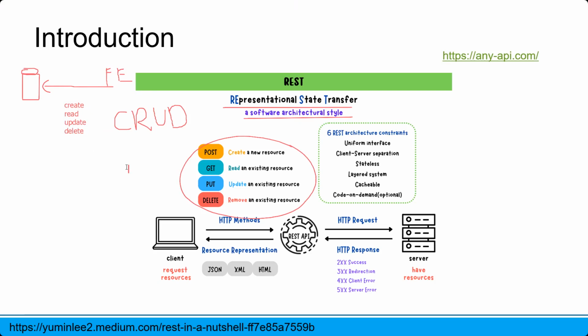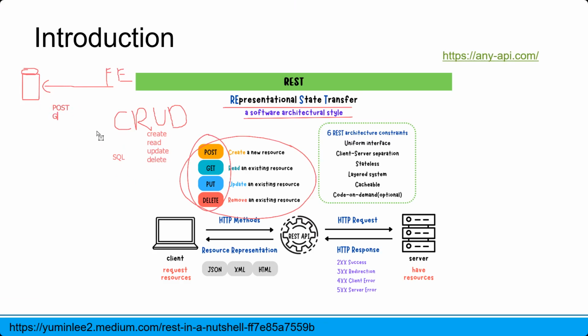When we do the CRUD, actually, we use SQL. However, when we use the REST API, we need to use the commands from the REST API. So we need to use post. Post means we need to create a new resource.